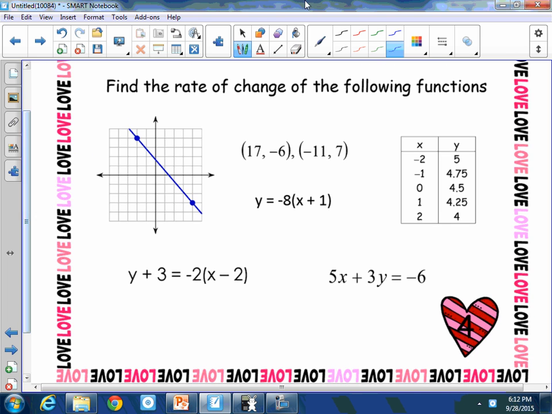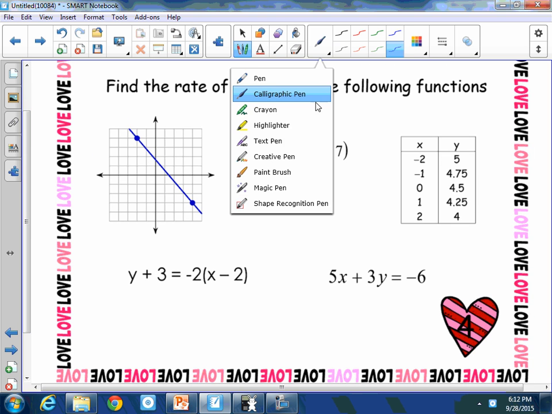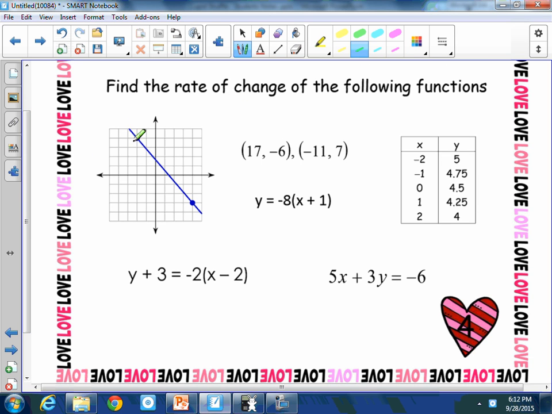Okay, find the rate of change, which is the same thing as the slope. Rise over run. Jimmy is walking down. So you just got to count.